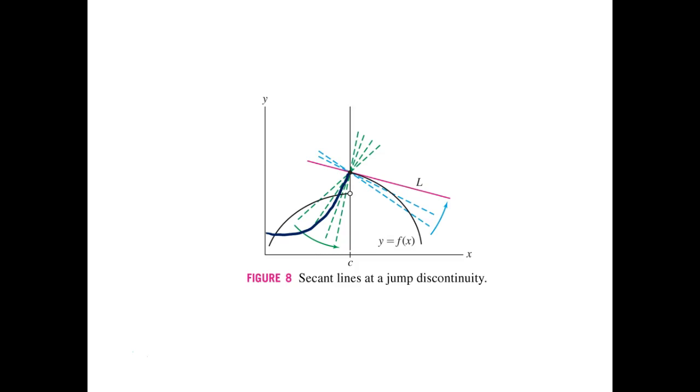Now, if you raise this function up here and had it being smooth there, that could have been a differentiable function. To be differentiable, the derivative from the left has to equal the derivative from the right. Continuity is only the function from the left equals the function on the right. So they're not always the same.